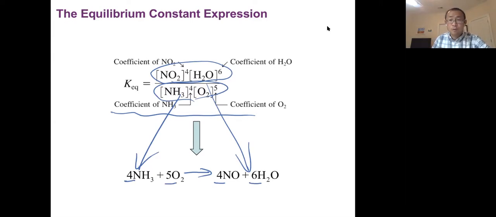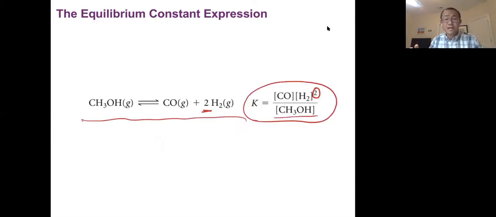So in this example, I want to show you that if you know the expression of the equilibrium constant, you can write the reaction, like doing it in reverse. In the previous example, I gave you the reaction and asked, can you write the equilibrium constant? Yes, product over reactants. But you can also do it backwards.